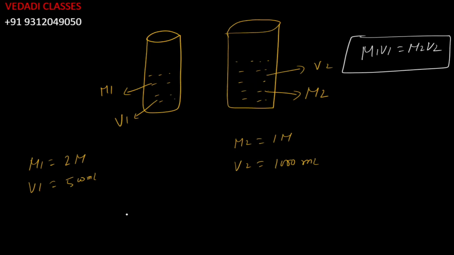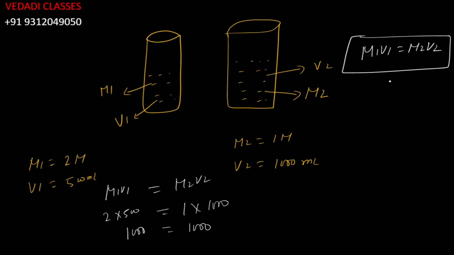Now how? Have a look here. If you want to prove it, M1 V1 is equal to M2 V2. M1 V1 is 2 into 500, which is equal to 1 into 1000. So it is the same: it is 1000 and it also becomes 1000.